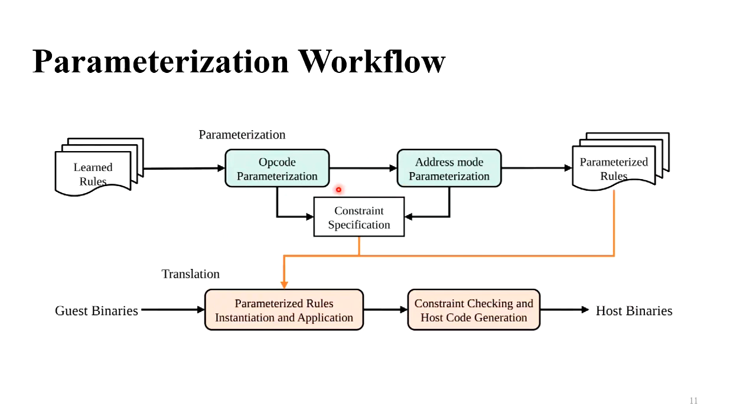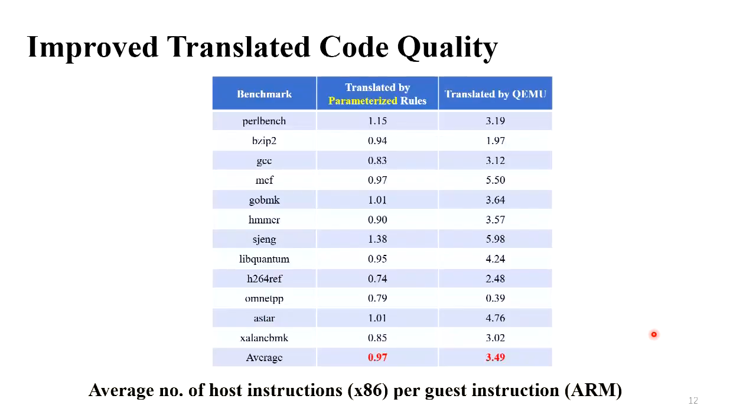Some constraints are added if needed to guarantee the semantic equivalence when the translation rules are applied. During the translation process, we use instantiation and constraint checking to generate the host code. At the same time, we use condition flag delegation to optimize condition code emulation.